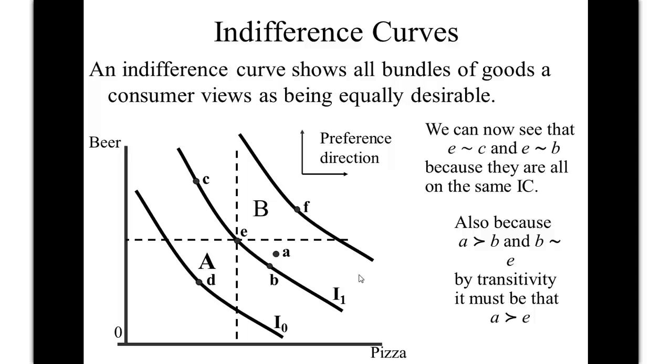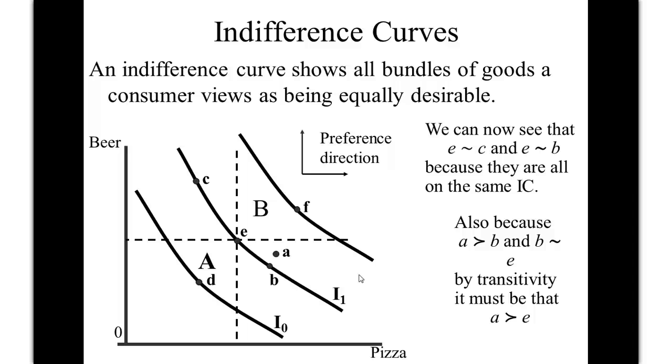Along the horizontal axis, we've got one good, in this instance pizza. Along the vertical axis, we have another good, in this instance beer. So points A to F represent consumption bundles, some combination of the two goods: a certain number of units of the good on the horizontal axis, and a certain number of units of the good on the vertical axis.